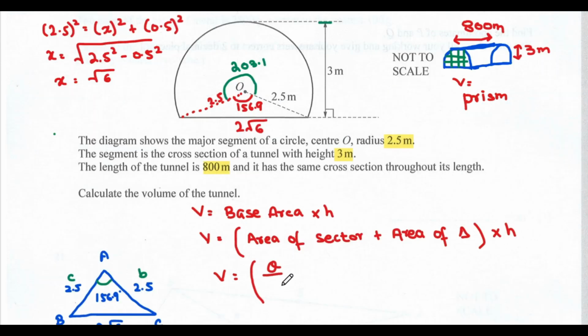The area of sector has the formula theta over 360 times pi r squared, plus area of triangle is half BC sine A, and times height.